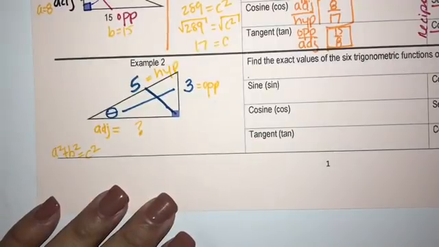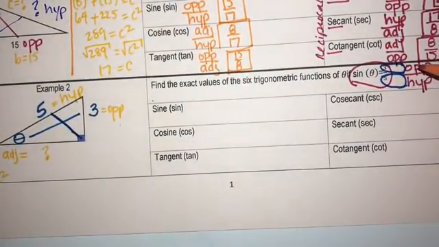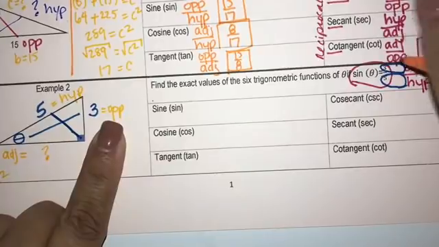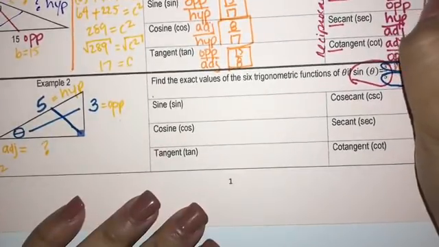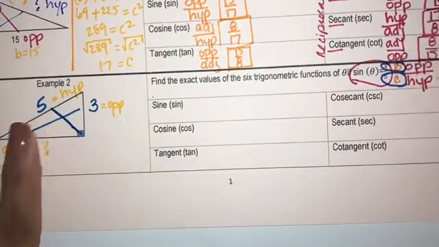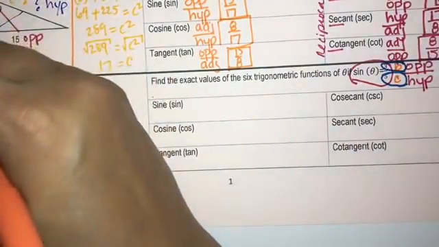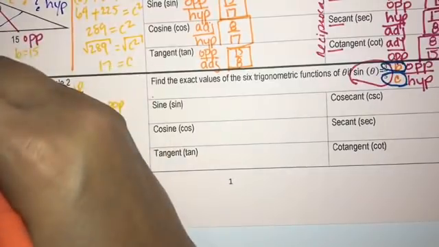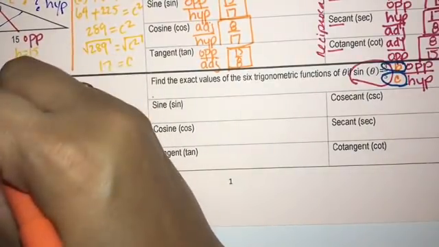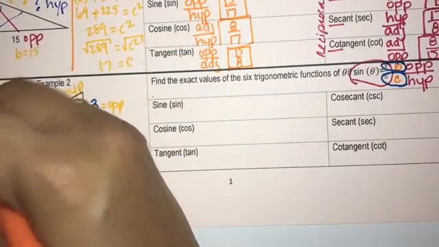So, in other words, there's a reason why I did this. 3 is going to be B, and 5 is going to be C, and we're missing A. So A, we don't know. B equals 3 and C equals 5.